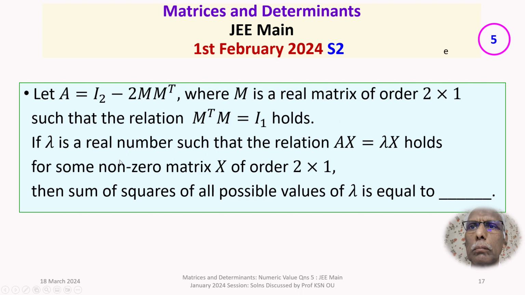And lambda is a real number such that the relation AX is equal to lambda X holds for some non-zero column matrix X. And required to find the sum of the squares of all possible values of lambda.